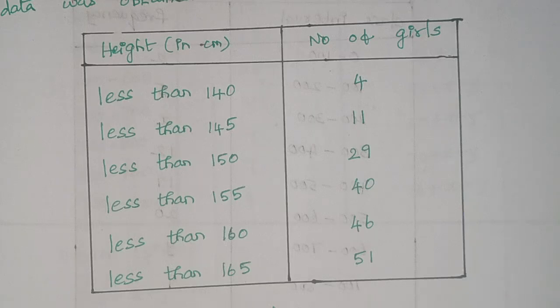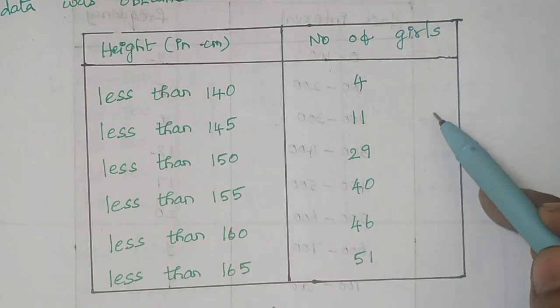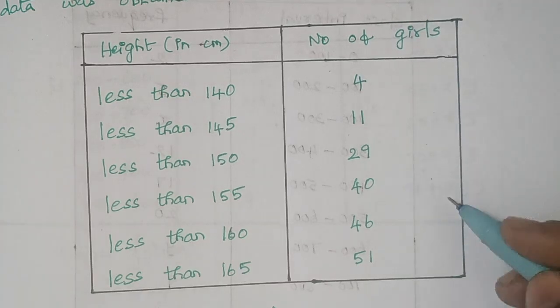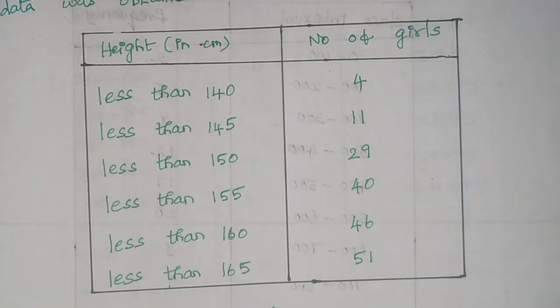For example, when the values are randomly placed, like 4, 29, 46, then 40, then 51, then it is okay. But whenever you have values perfectly arranged in ascending order, always keep in mind the given data are cumulative frequency and not frequencies. So here the value is cumulative frequency.